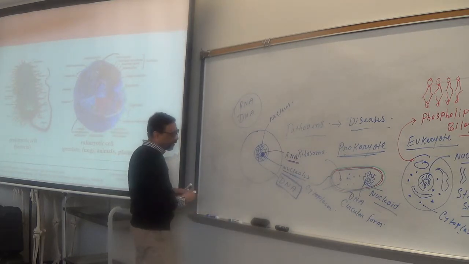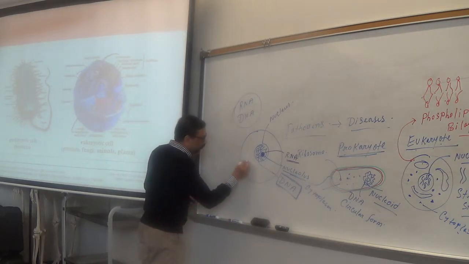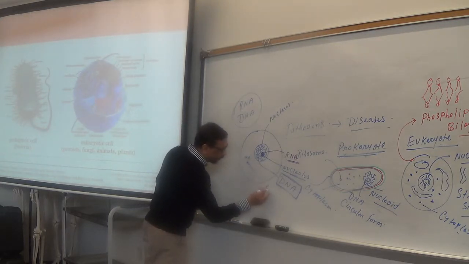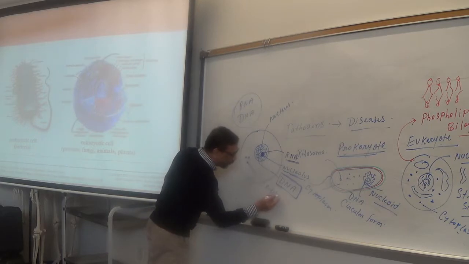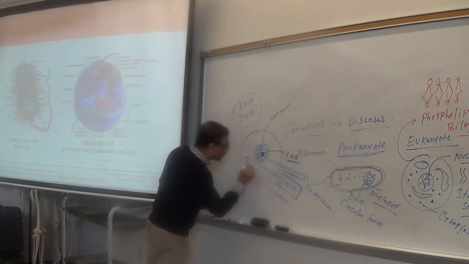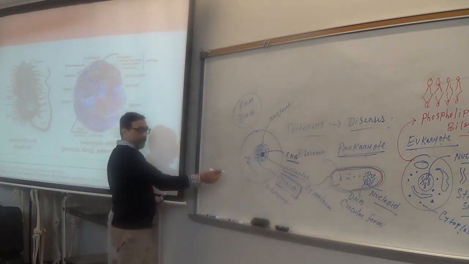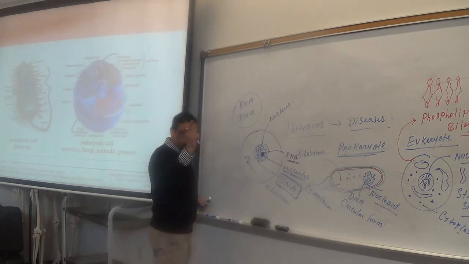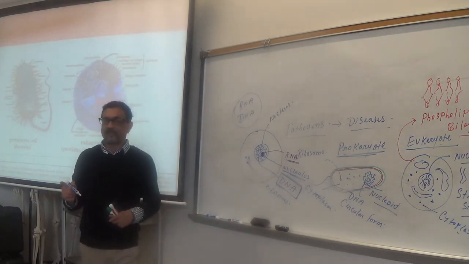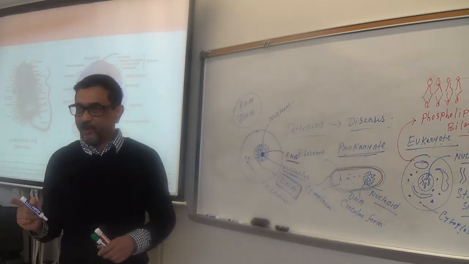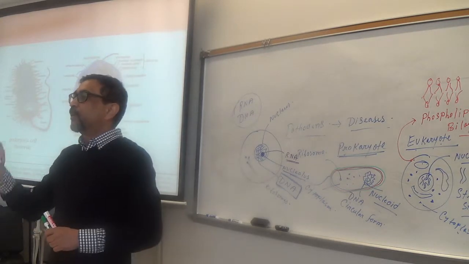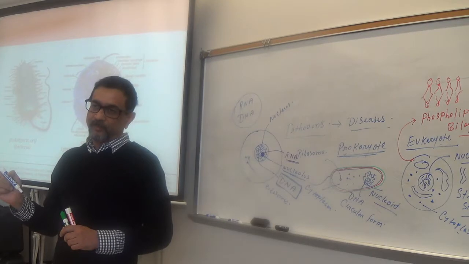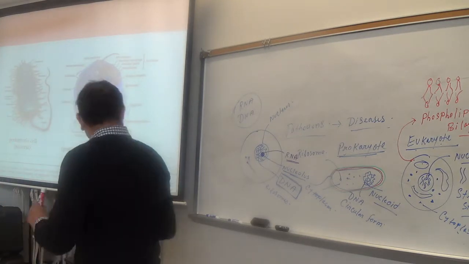So let's see the ribosomes. Okay, so these are ribosomes. Ribosomes manufacture proteins. Just know that this is very important. Ribosomes manufacture what? Proteins. Okay?